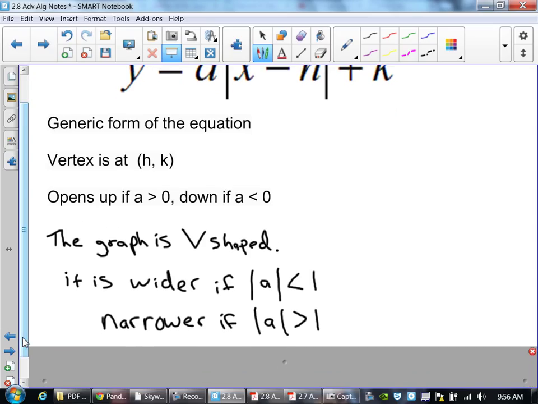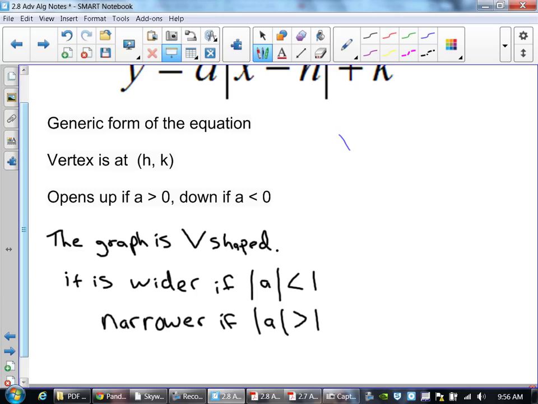So the idea here is that these H's and K's will show you where to start. So if I have a graph, let's say it's y equals 1/2 times the absolute value of x plus 2 minus 3. What I want to do to start this is figure out where do I start the graph? Where's the center going to be located and what's its slope?